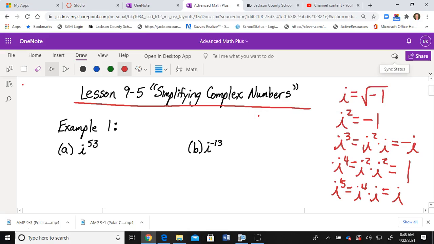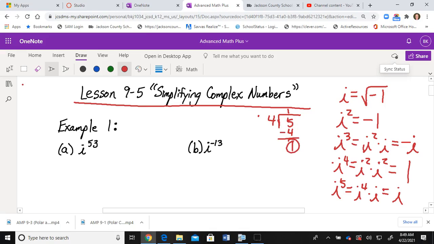If it's not divisible by 4, let's say you have a remainder of 1. Which one of these do you think it's going to be? It's just i, that starts over. Take i to the 5th: 4 will go into 5 once, minus 4, and I have a remainder of 1.